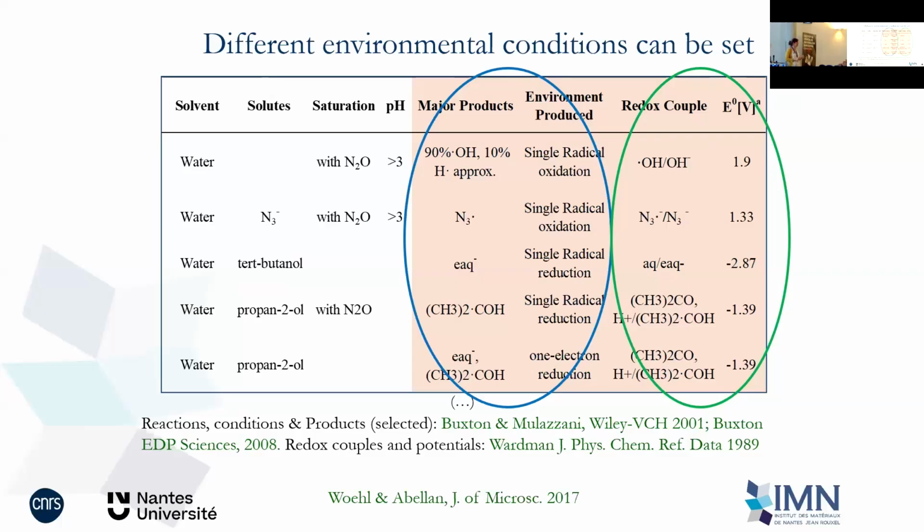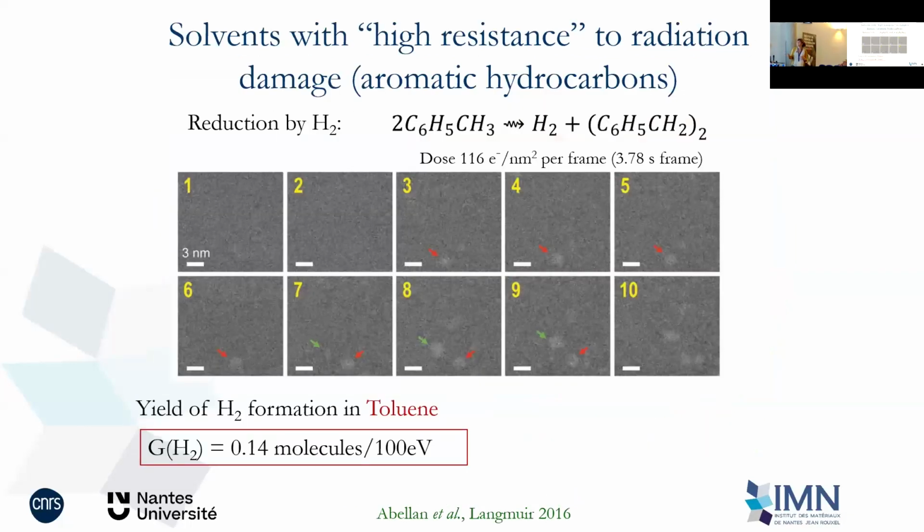This could be helpful if you want to match some specific reductant or some specific oxidizing agent that you're using outside the microscope. And I'm going to select one. So yes, this is an example. Not everything is water, and you can also use these holders with something else.